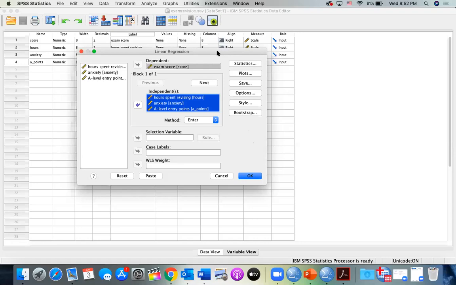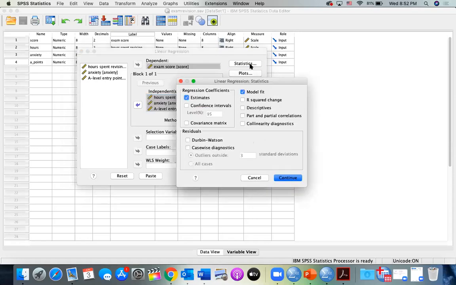If you click on the first button here, Statistics, you want to keep estimates and model fit, and you want to click on Durbin-Watson statistics.